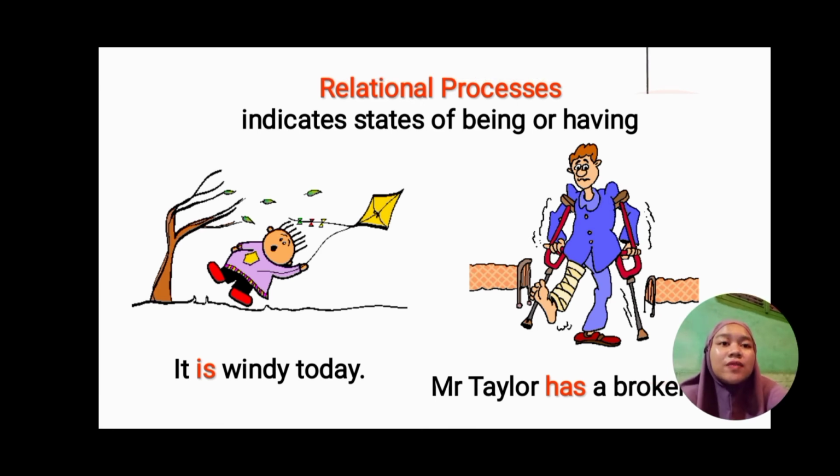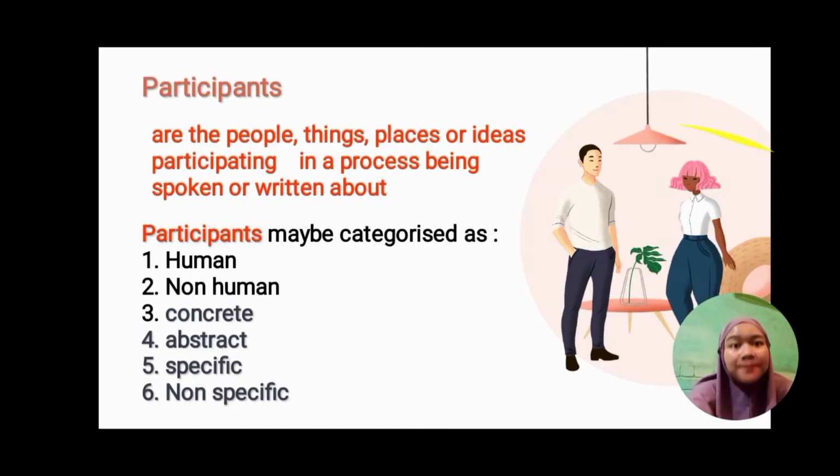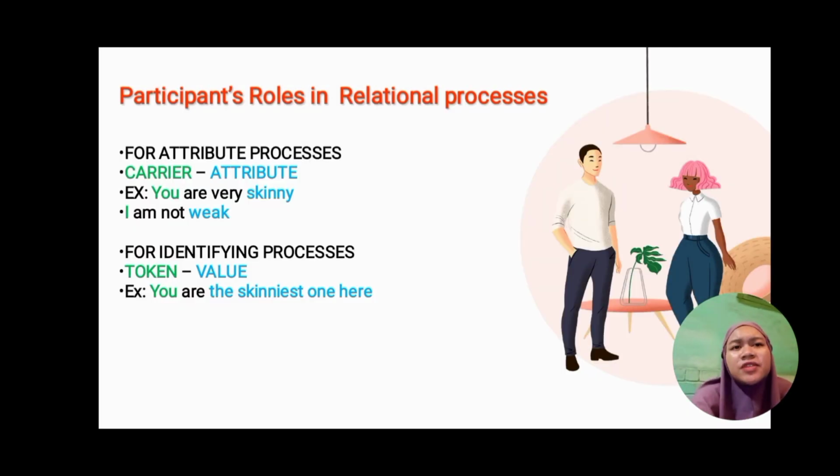And then next we move to the relational processes. These processes indicate states of being or having something. You can see an example: it is windy today. Mr. Taylor has a broken leg. So is here, or we can say to be, represents the process, especially in relational processes of being or having something. And then participants' roles in relational processes are divided into two types: attributive processes and identifying processes.